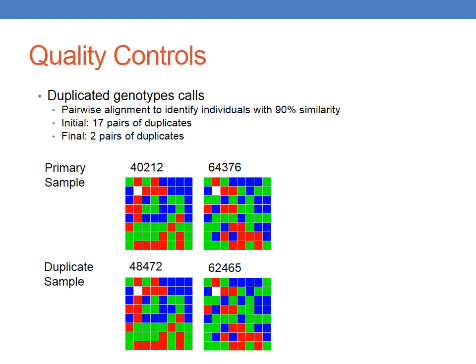And this identified 17 pairs of duplicates initially, and after these had been repeated, this was reduced to 2 pairs. You can see visually what these duplicates look like in the samples I have on the screen here. If you look at the genotype calls, the patterns of the colours in each square, you can see that the primary samples are exactly the same as the duplicate sample there.